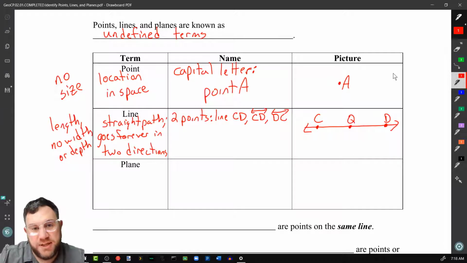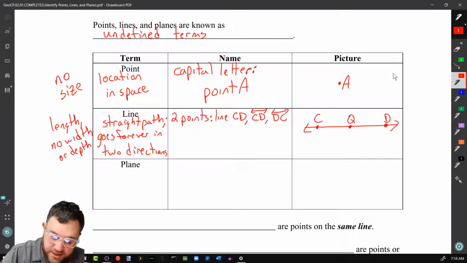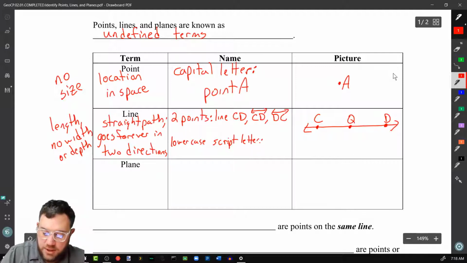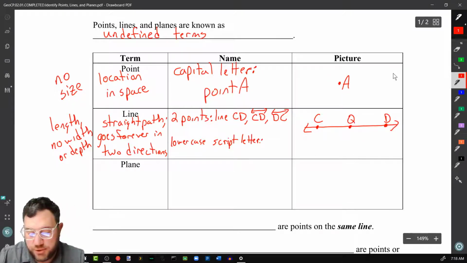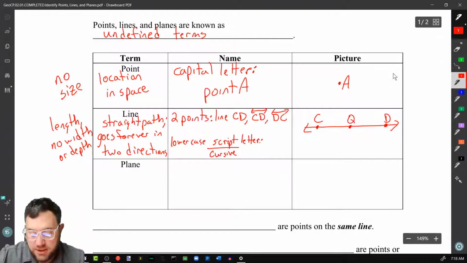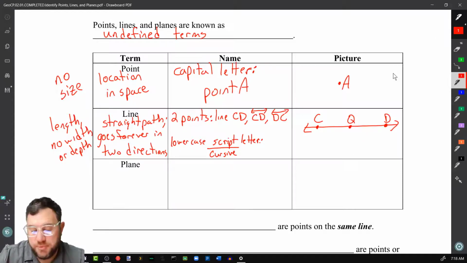Another way that we can name a line is with a lowercase script letter. Now, most of us don't know how to write in script, and so we could just use cursive instead. If you aren't comfortable with cursive, then that's fine.